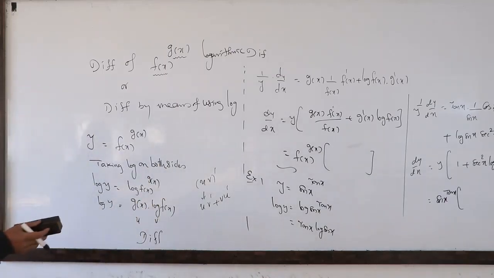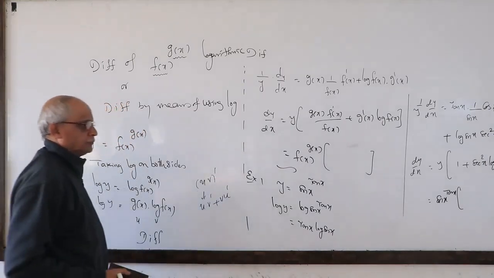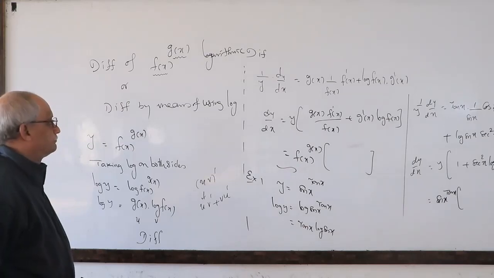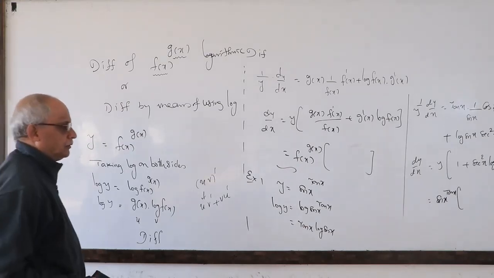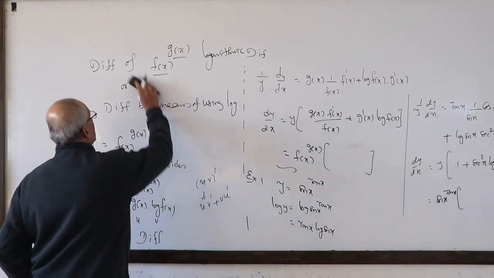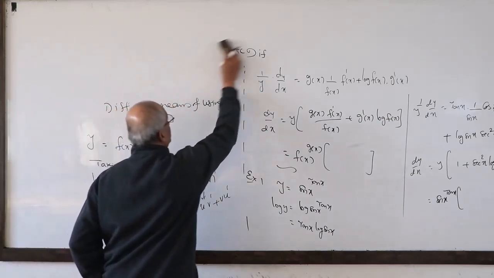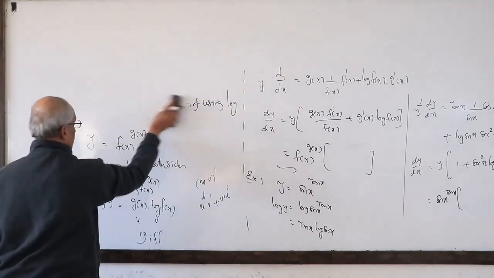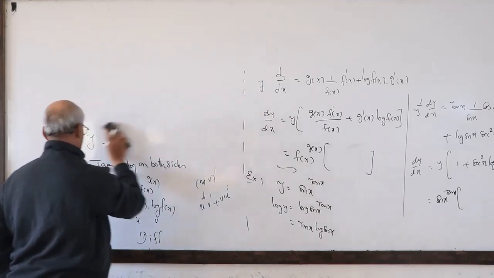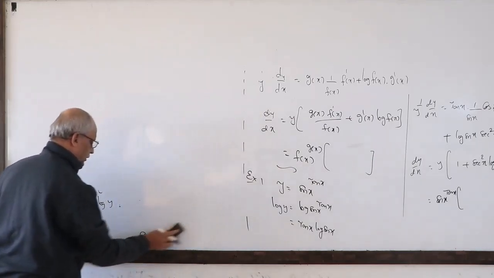Like that, you can do any example. Whenever you notice that the problem is function power function, only this method is possible. Actually, more examples you can do in the class.